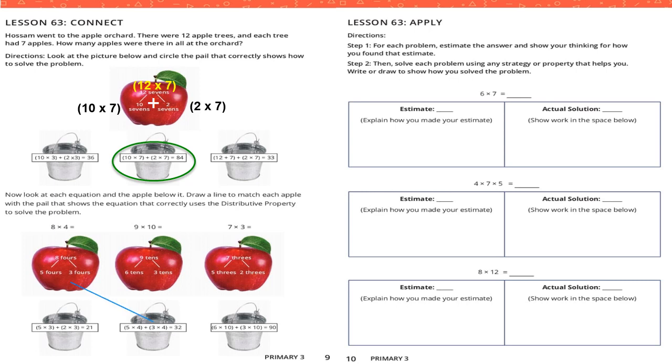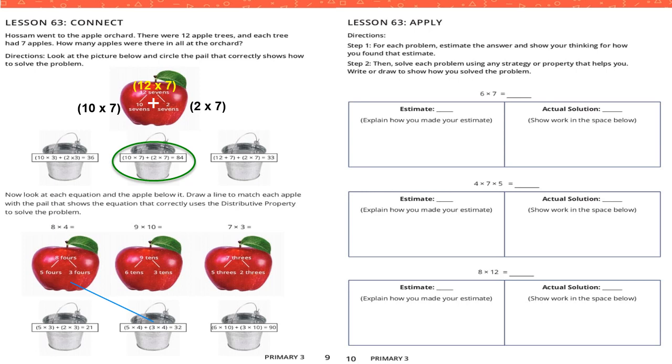Yes, it's correct. The next apple, we have 9 times 10. The equation above the apple, we have 9 times 10. It means 9 tens. He distributed these 9 tens into 6 tens plus 3 tens. So 6 tens means 6 times 10. 3 tens means 3 times 10.